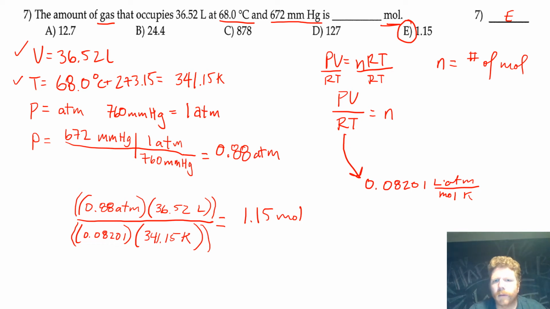If you keep that in mind and adjust for changes in temperature, pressure, and volume, it will help you with this sort of problem. But know this ideal gas equation. I'm going to put a box around it in yellow here. PV equals nRT. All right, moving on.